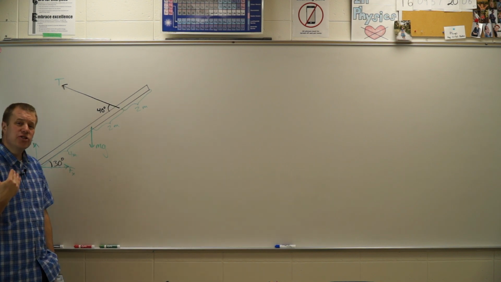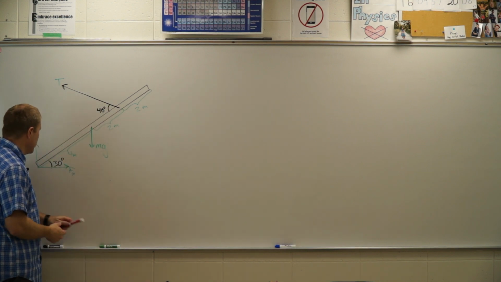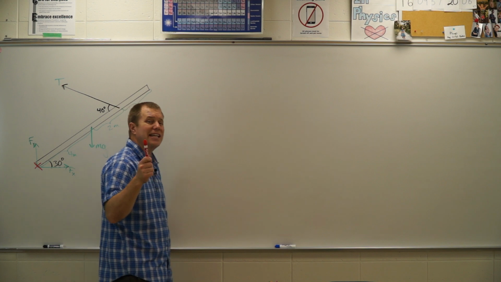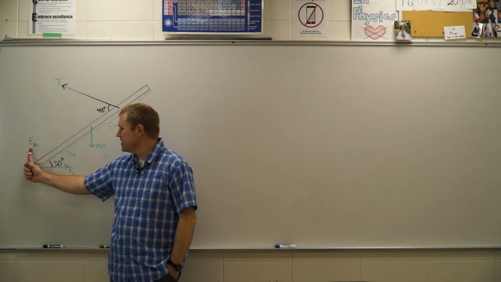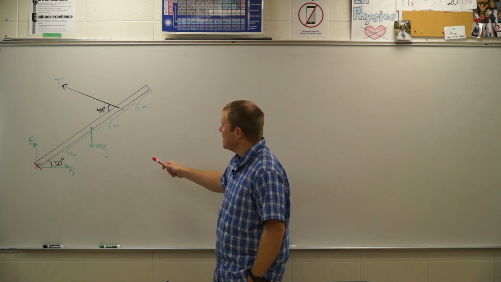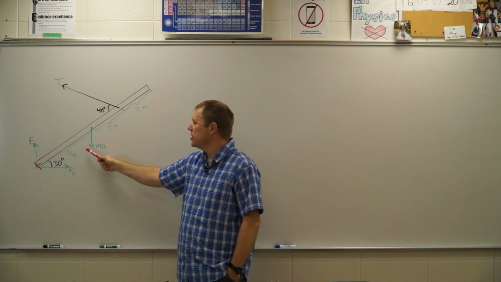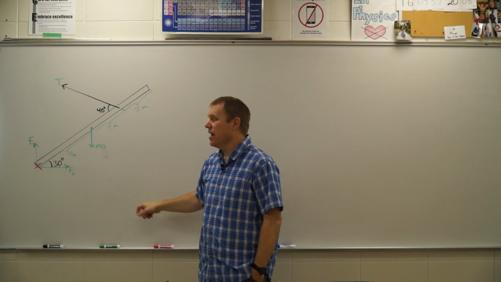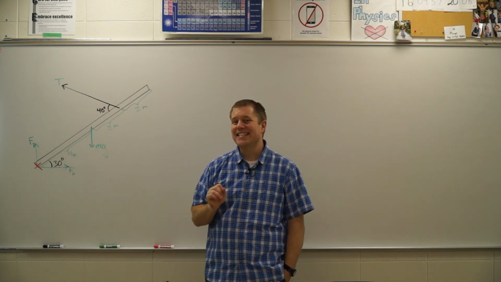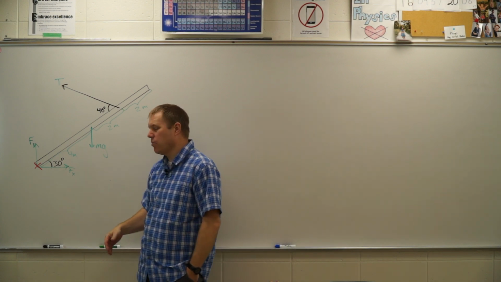I also need to choose an axis of rotation. So I'm going to choose my axis of rotation here at the corner. The benefit of choosing it there is the Fx and the Fy, those two components, are not producing any torque. The only things producing torque are the tension and gravity, and I know what the mass is, so I should be able to find the tension from that torque equation.